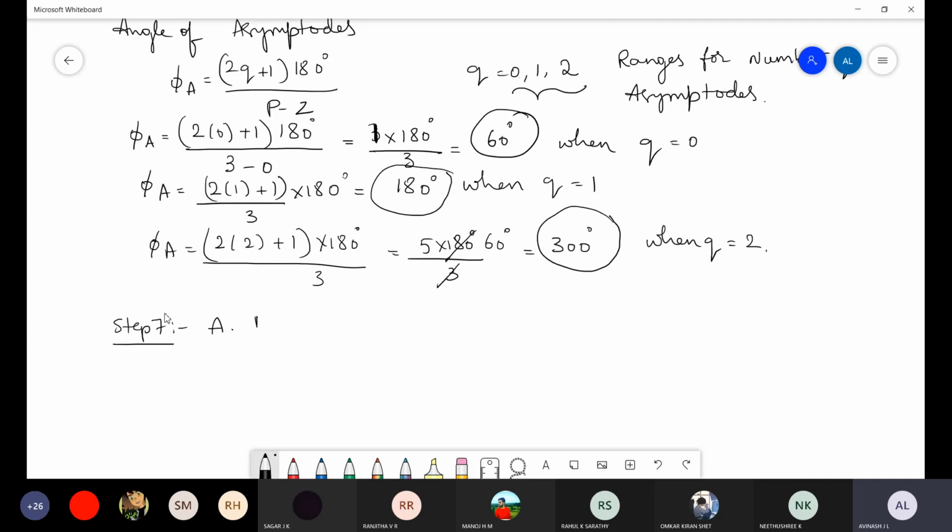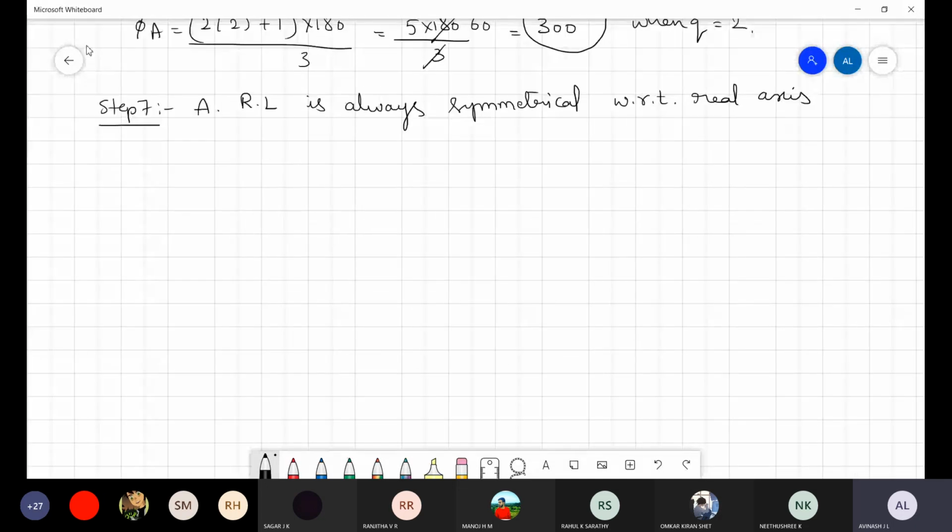It is saying that a root locus is always symmetrical with respect to the real axis. So this particular thing we will be observing in the root locus. Okay, this is step number 7.